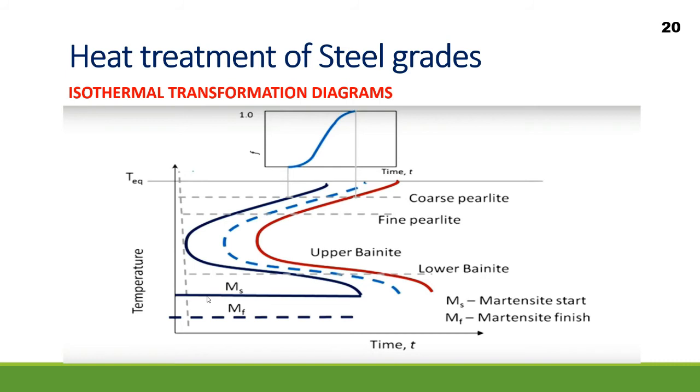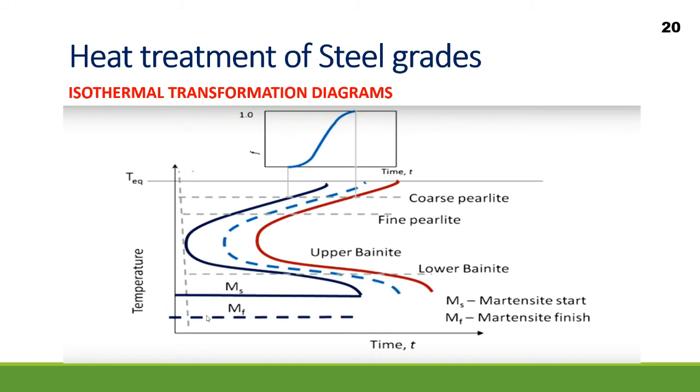Since the martensitic transformation does not involve diffusion, it occurs almost instantaneously. This is the mechanism by which it forms.